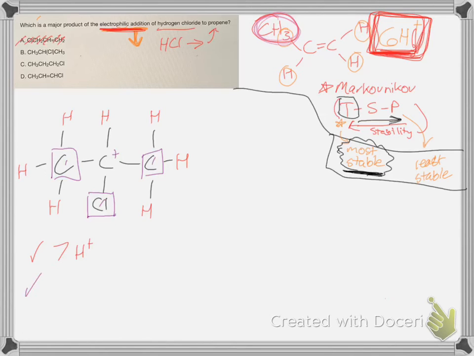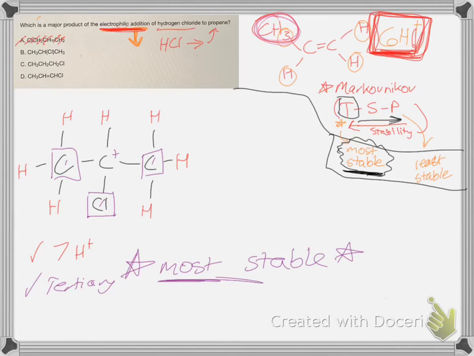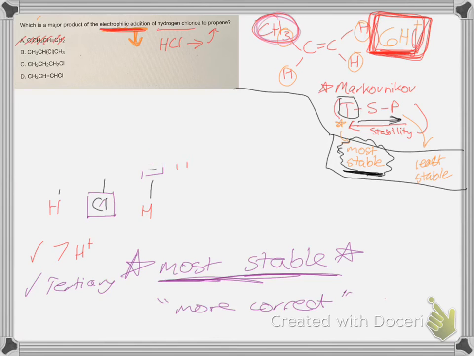And now we know that it's tertiary, it's most stable. Because as I said, the other answer, C could be a correct answer, but this is a quote-unquote more correct because it's the preferred product, chemically speaking.